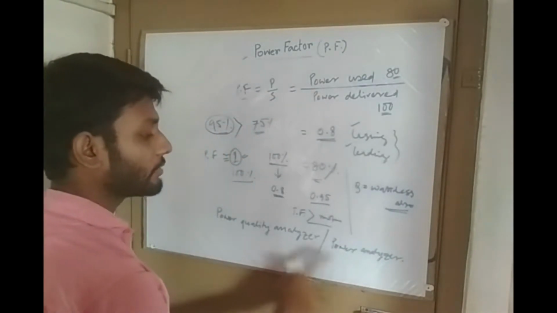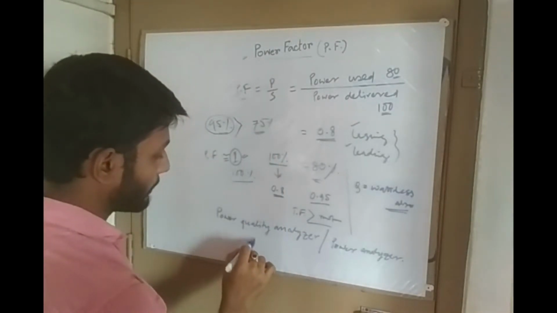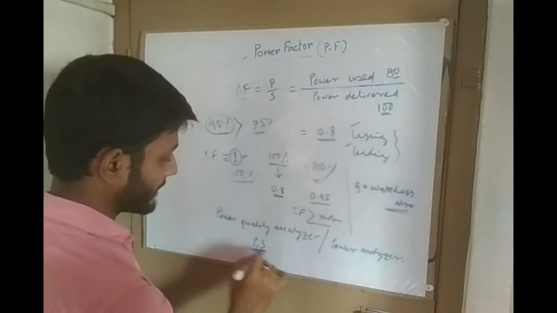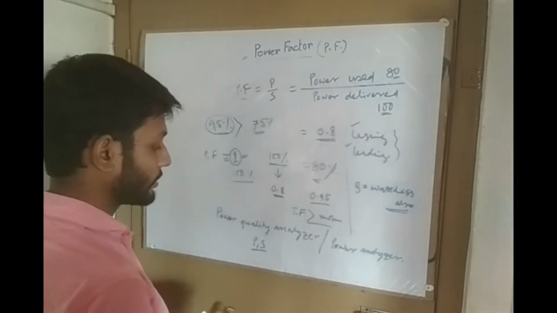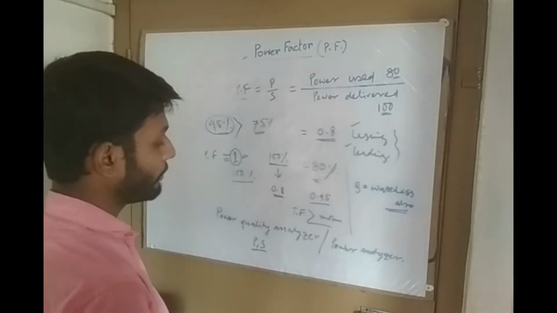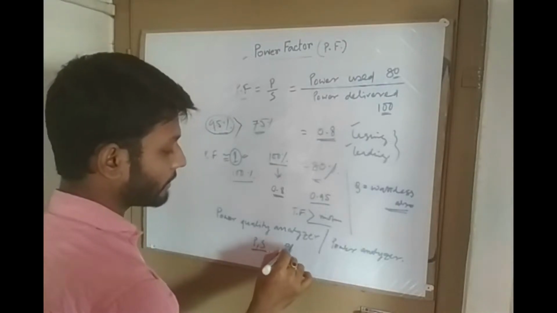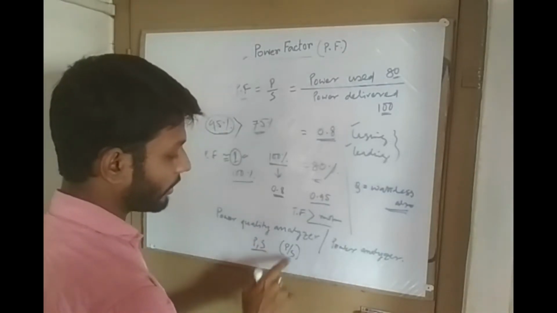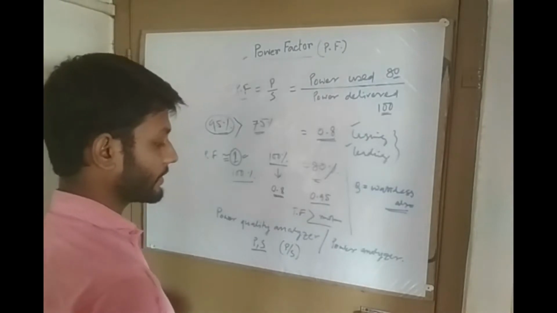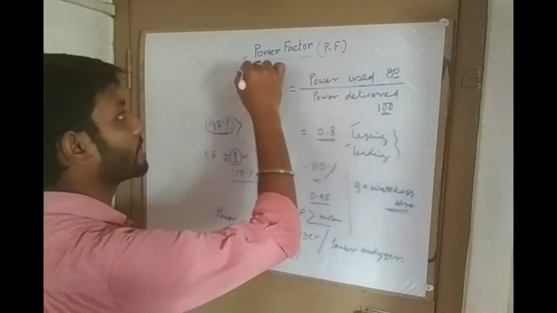We can use this one to measure the power factor. This one measures P as well as S, the apparent power. So if we know the P and S values, it will be easy to find the power factor, because power factor is nothing but the ratio of P divided by S. So the ratio of P and S is the power factor.